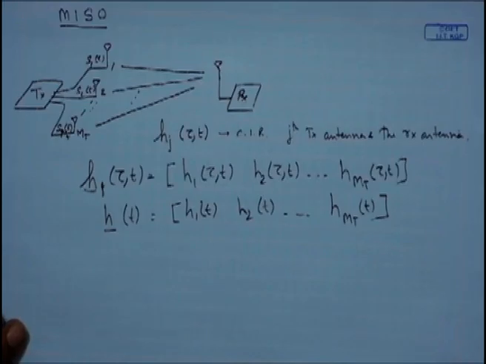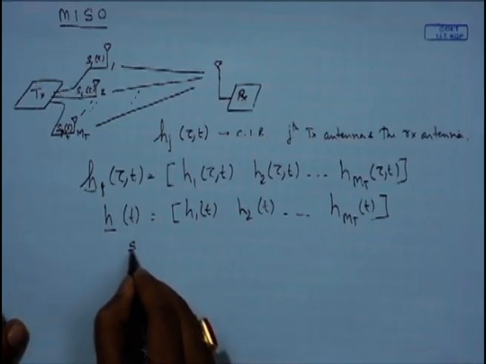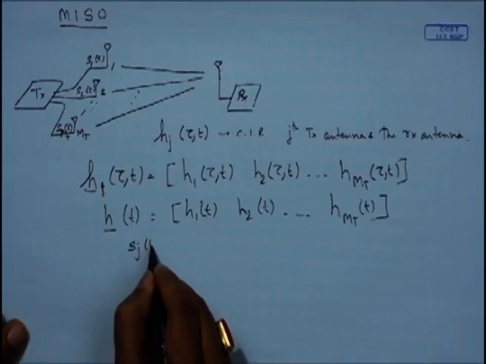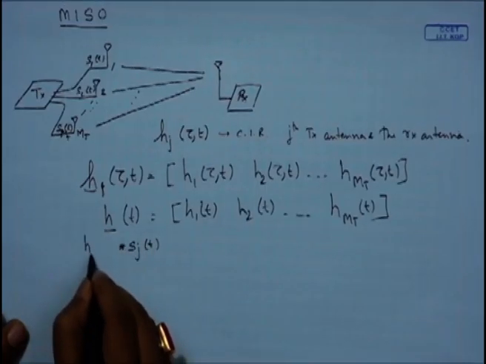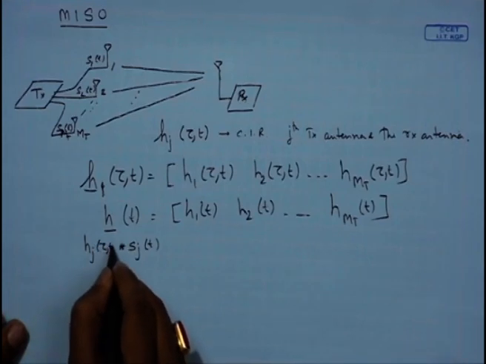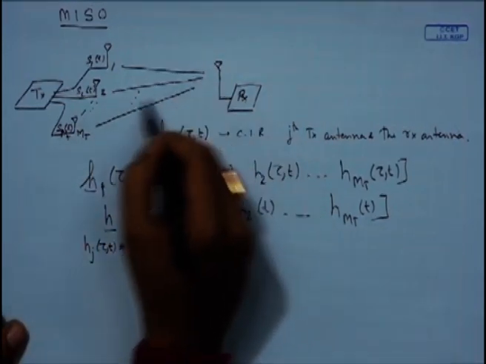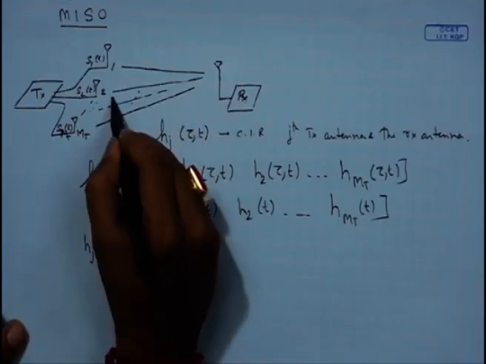So what we are going to get is sj of t getting convolved with hj of tau comma t, by the jth link, any particular link. This is the hj.